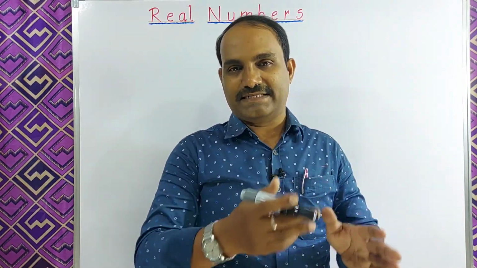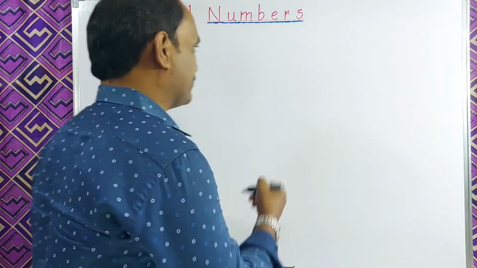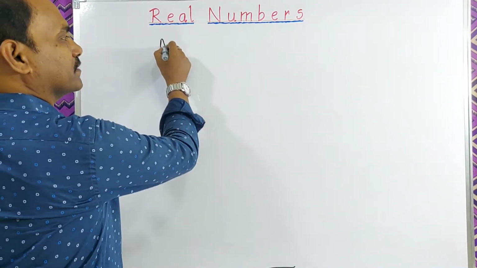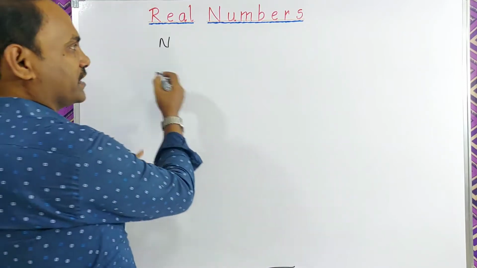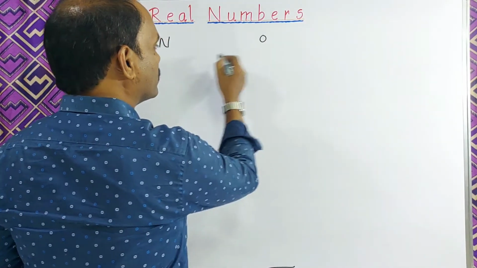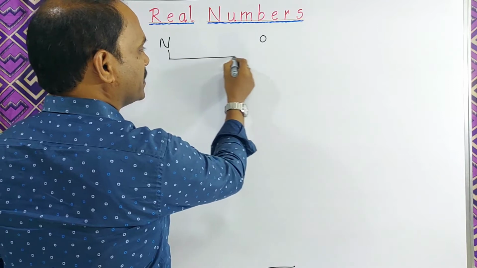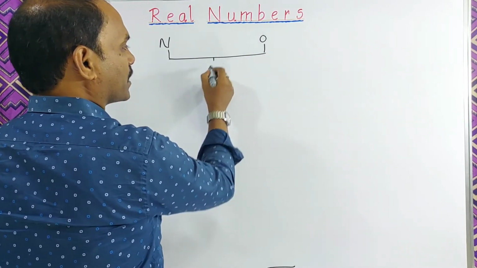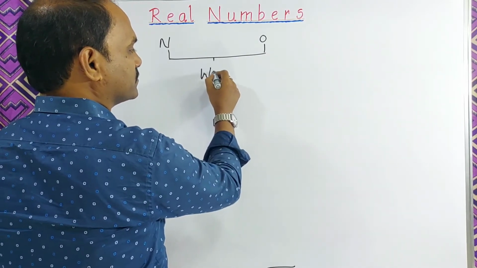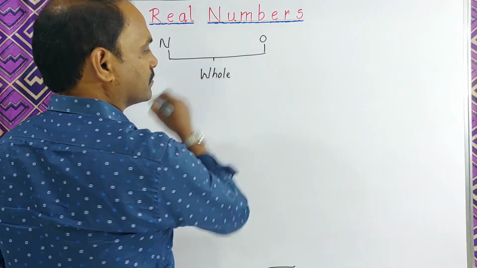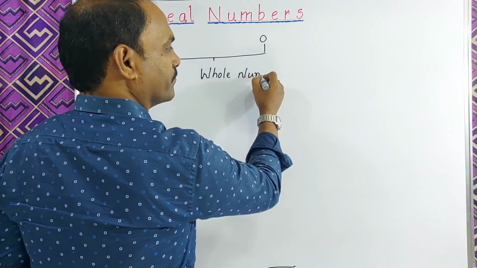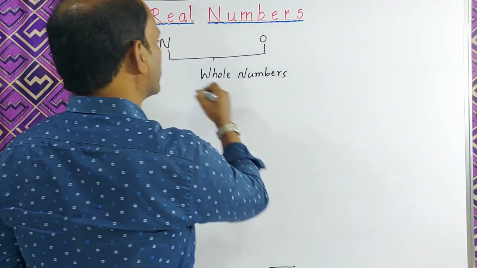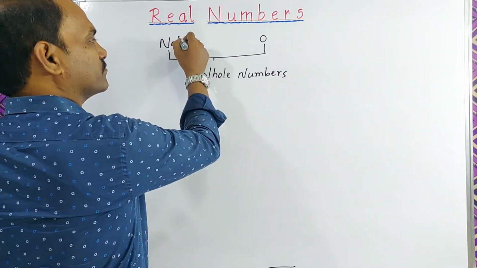Let us draw the mind map for the number systems. First natural numbers. Natural numbers are indicated with N, and along with a 0, the combination of these two is called whole numbers.